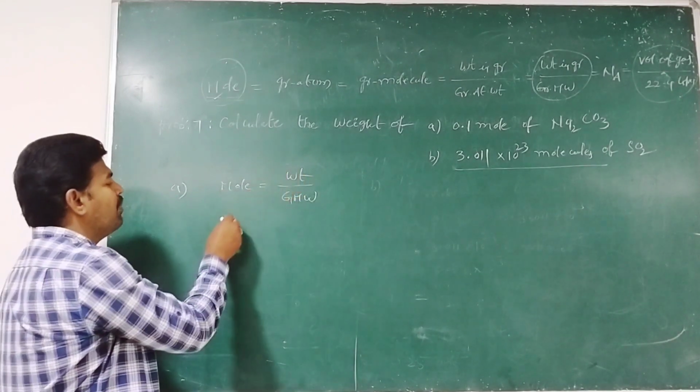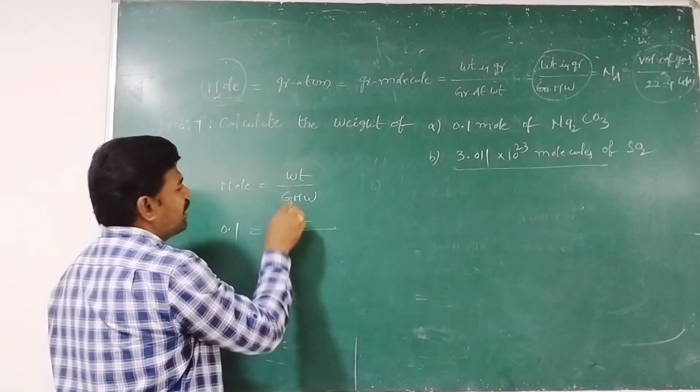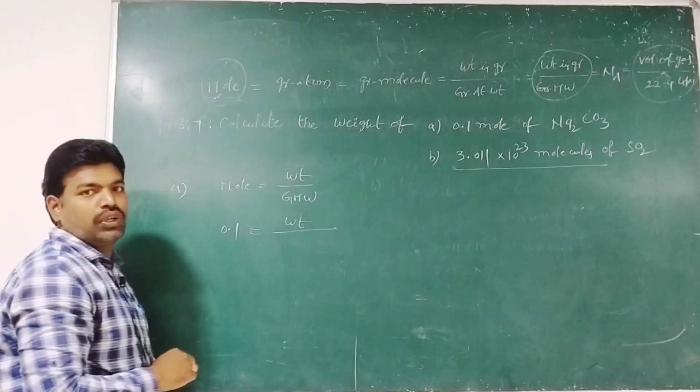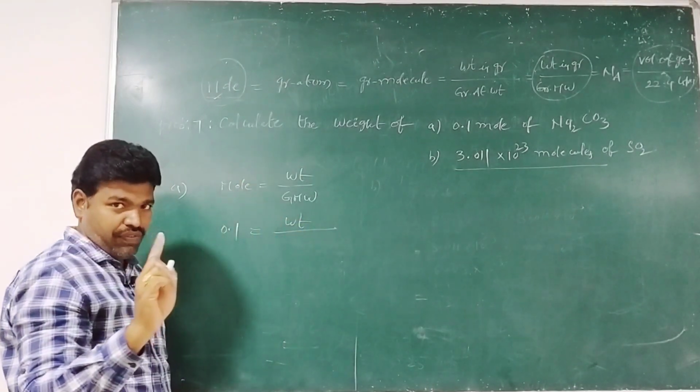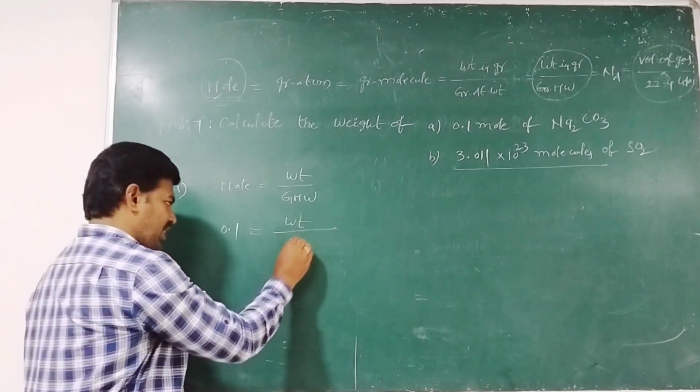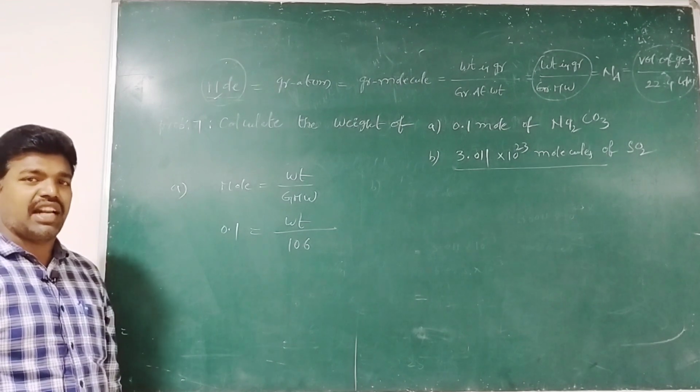So here, how many moles do they give? 0.1 mole, and they ask us to calculate the weight. So weight is moles times gram molecular weight of Na2CO3. Gram molecular weight of Na2CO3 is equal to 106 grams.